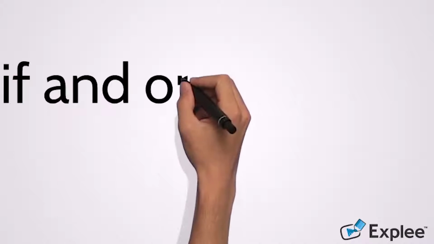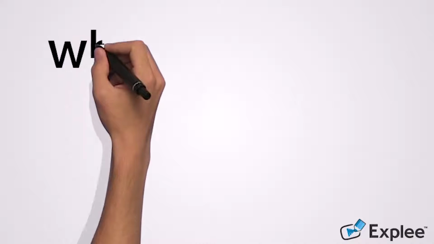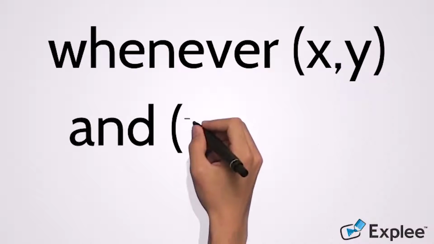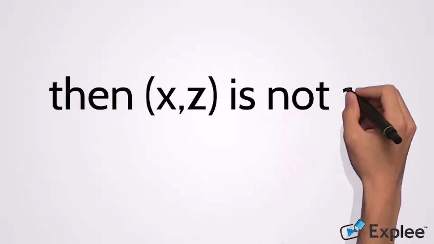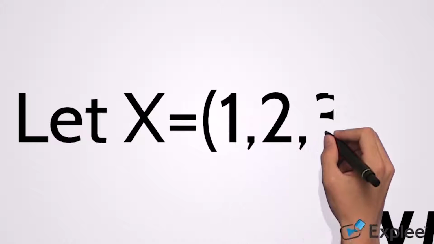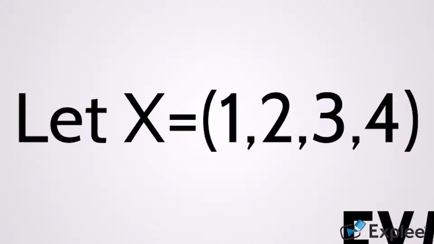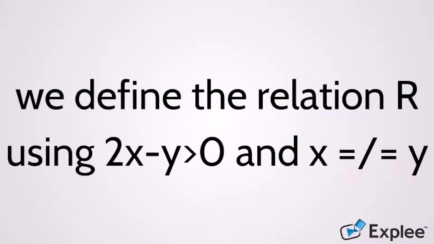A relation R is intransitive if and only if for all x, y, z that are elements of X, whenever (x, y) and (y, z) are elements of R, then (x, z) is not an element of R. Let X be equal to {1, 2, 3, 4}. We define the relation R using the rule 2x minus y greater than 0 and x not equal to y.